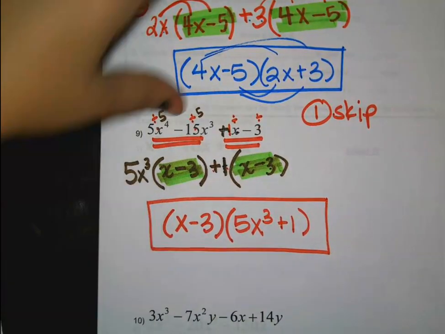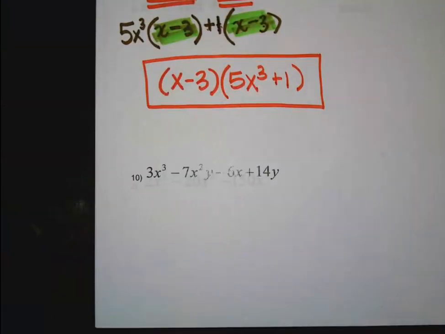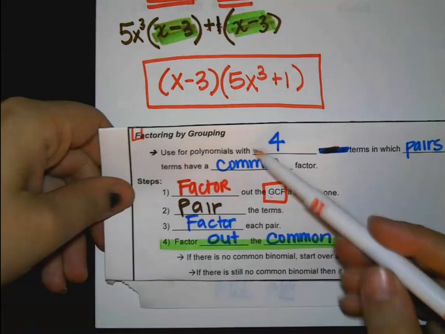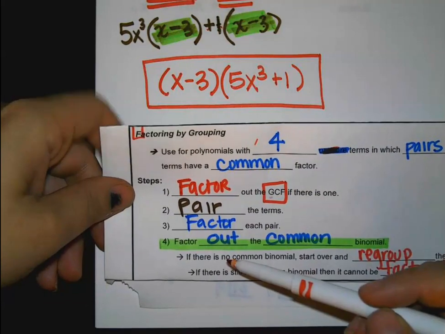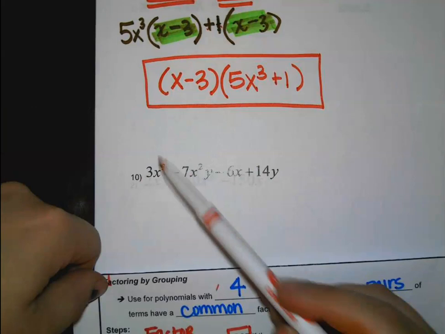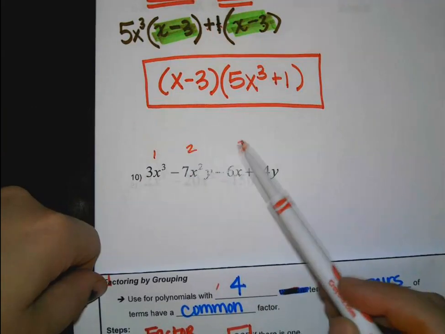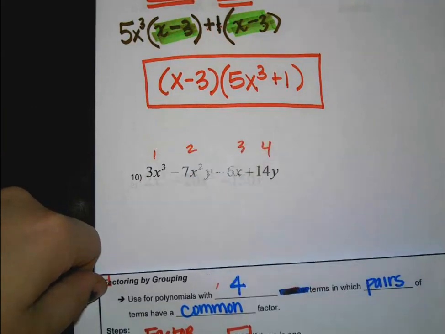Okay, let's go ahead and try the next example. So the very first step, how do I know that I could do these steps? Ask yourself that question. And hopefully you're thinking 1, 2, 3, 4. It has 4 terms.